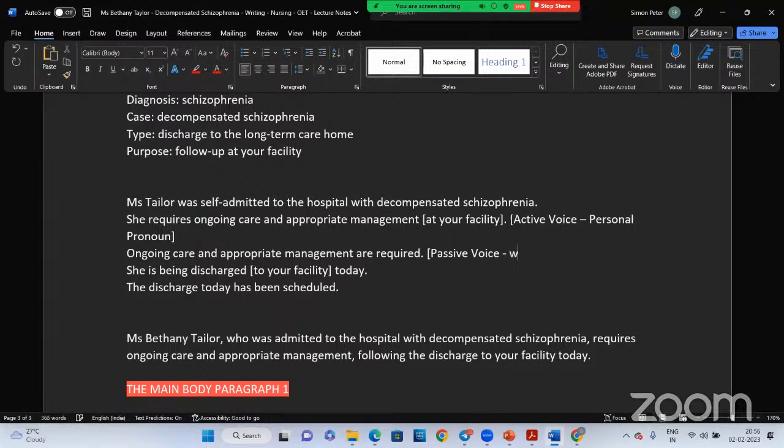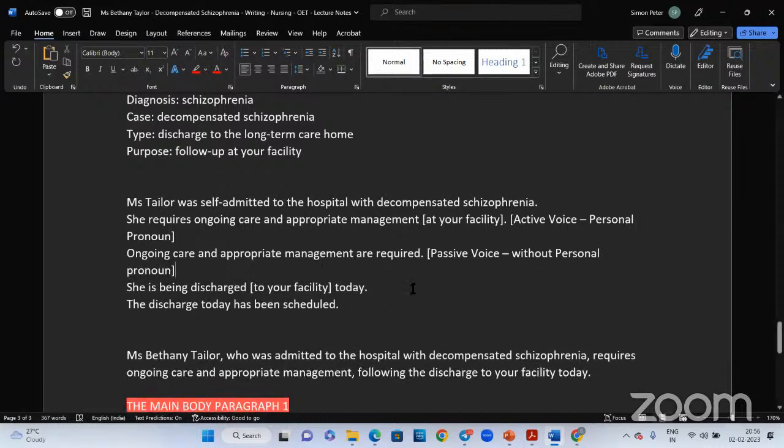Without the personal pronoun, she is being discharged. This is passive voice only. But there is a personal pronoun. Okay.